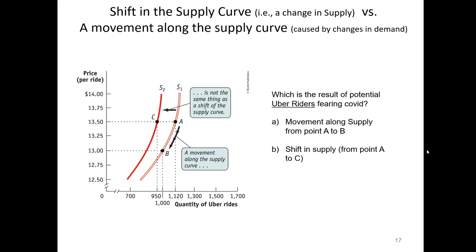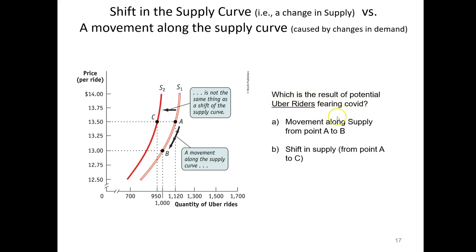So sticking with the supply, with the seller, we have two changes here, which are the result of potential Uber riders, the demanders, fearing COVID, right? So imagine we're at supply one. This is 2019, before COVID.